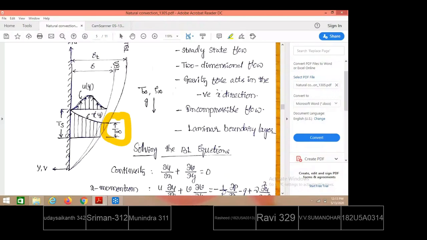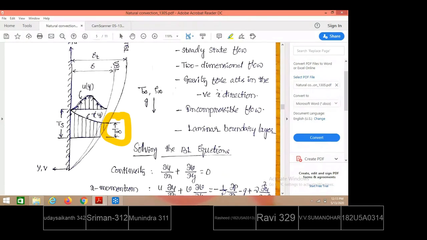Static atmospheric air means it has a velocity of 0. A hot vertical surface is immersed into the fluid vertically.